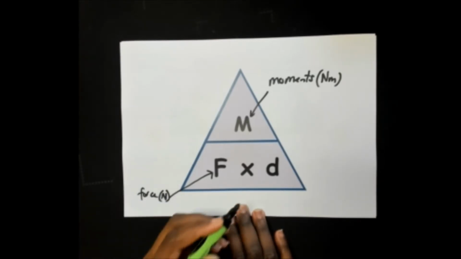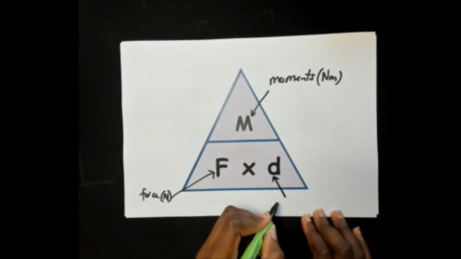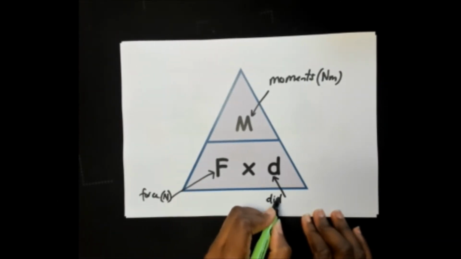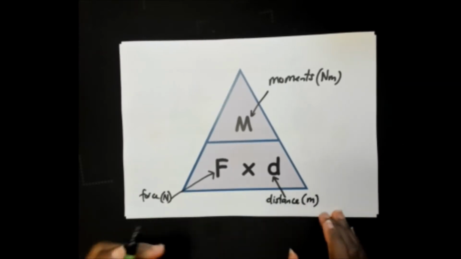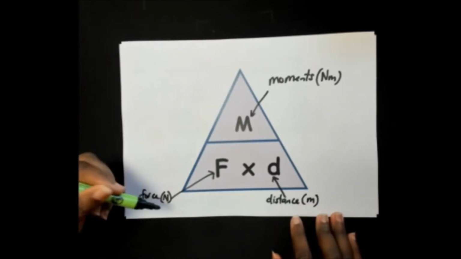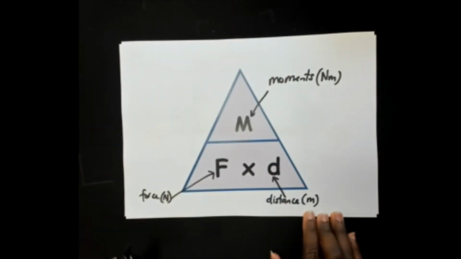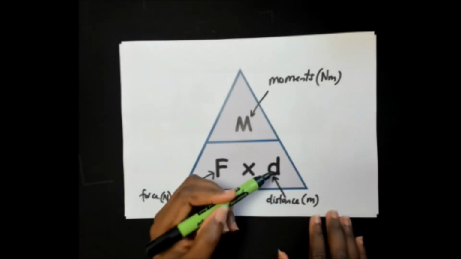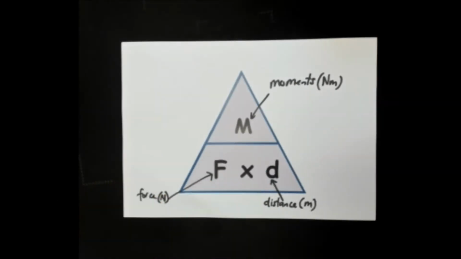Distance is D, measured in meters. When you multiply the unit for force and the unit for distance, we get the unit for moments. You need to remember that this distance is the distance from the pivot.